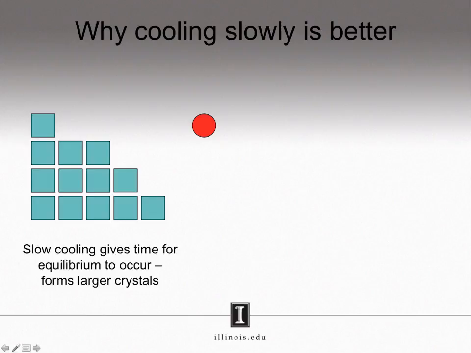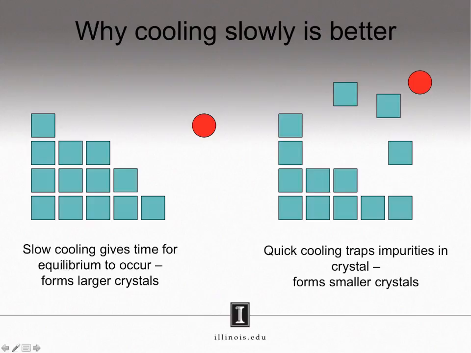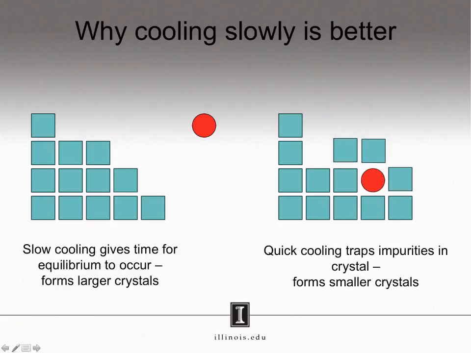Let's say we cooled quickly. Well, what happened there? We have the same diagram on the right, and now we're going to have our impurity attach itself to the crystal surface. This time, however, we are going to cool quickly. So before this impurity has time to return to the solution, our solute molecules trap it into the crystal lattice.